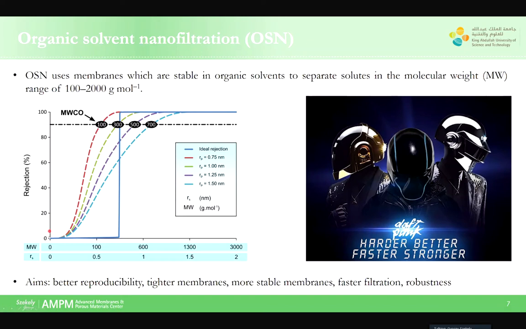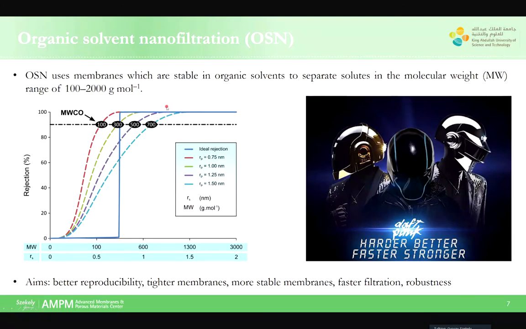And here you can see a typical cutoff curve for this type of membranes, where you have the rejection on the y-axis and the molecular weight or the pore radius on the x-axis. You can see that the small molecules, they have small rejection, so they penetrate through the membrane, and the large molecules, they cannot go through the membrane, so they have a high rejection.